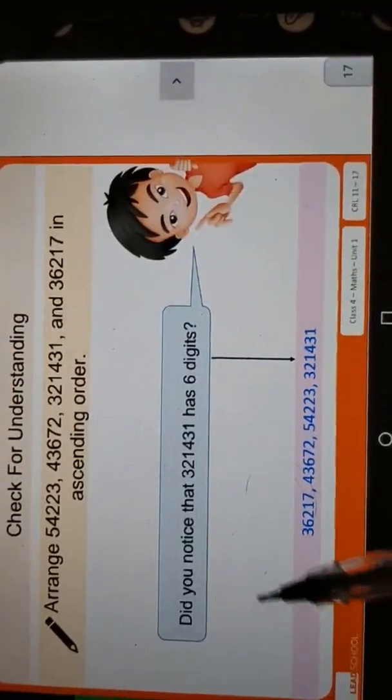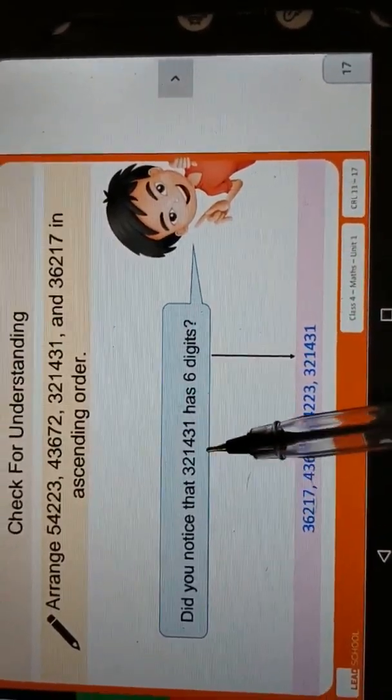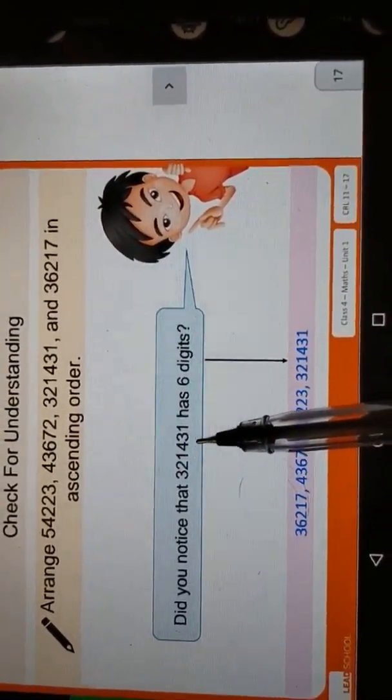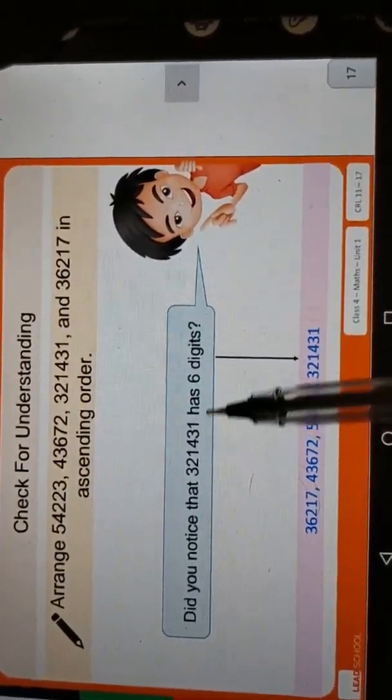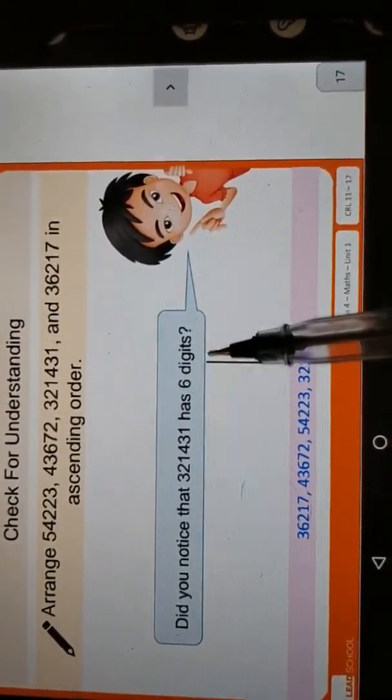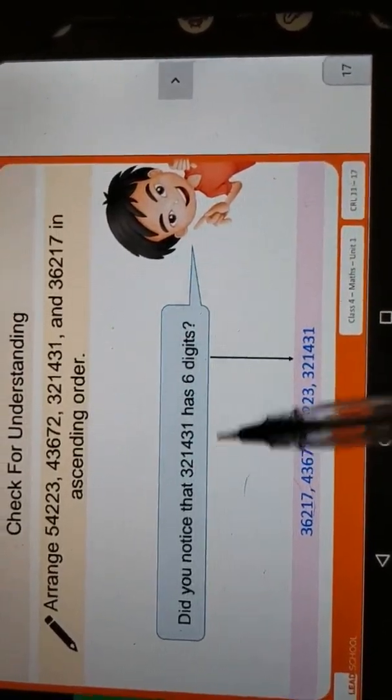So did you notice that here is a 6-digit number, 3,21,431 has a 6-digit number. How many digit numbers are there? 6 digit numbers are there.